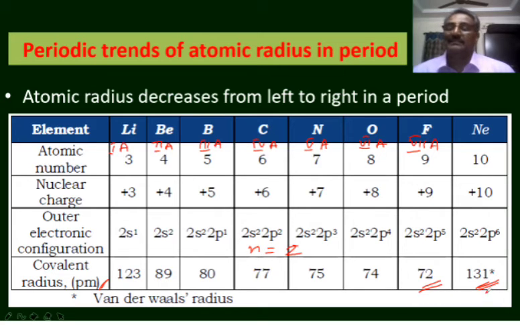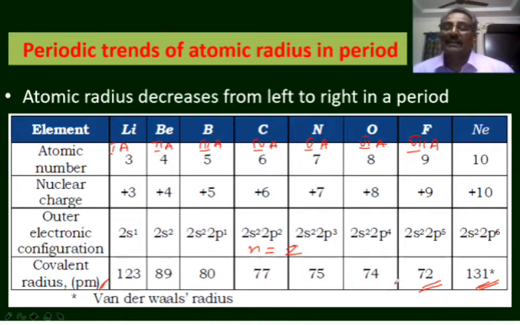You know that van der Waals radius is approximately 40% more than the covalent radius. As neon cannot form the covalent bond, we use van der Waals radius for measuring the size of neon atom.